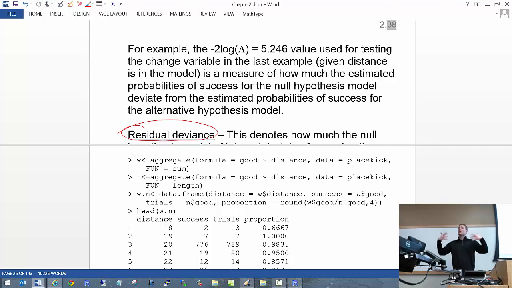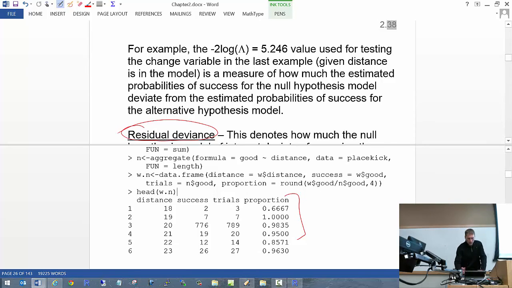The towel is saturated. Well, a model is saturated by having as many parameters as possible. You can never have more parameters than the number of observations. In this case, since I'm looking at the binomial form of the data, I have essentially 40 observations.